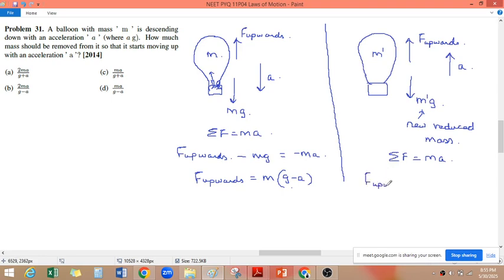So F upwards minus m dash g is equal to m dash a. Why I didn't put minus? Because now it's going upwards. Here it was coming downwards.